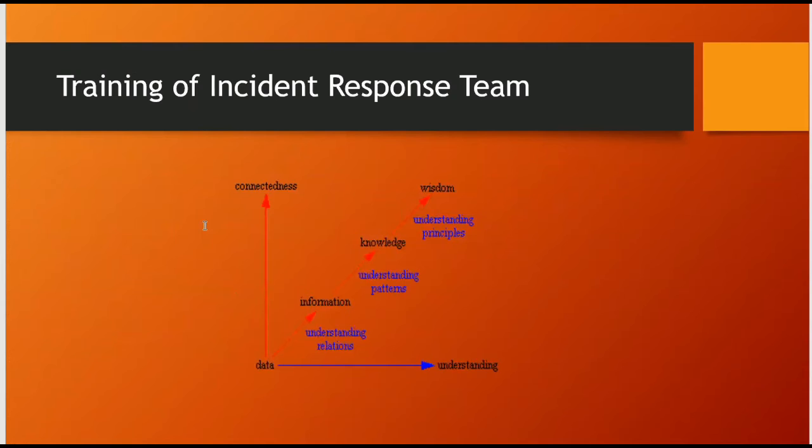Second part, we're talking about the training of the incident response team. First of all, we need to differentiate between the different types of incident response team. We've got two types. First one is red team, and second one is blue team. Blue team is the defensive one. It's trying to defend our infrastructure. It's trying to make sure that all vulnerabilities have been covered, and they are conducting a vulnerability assessment on a regular basis.